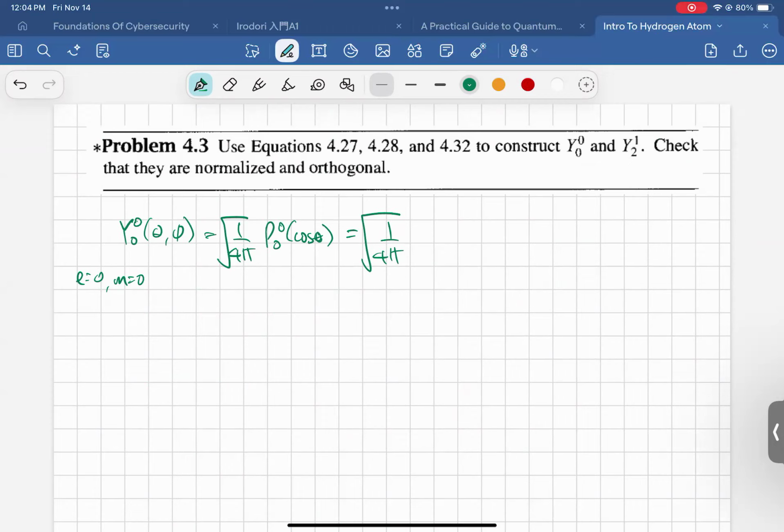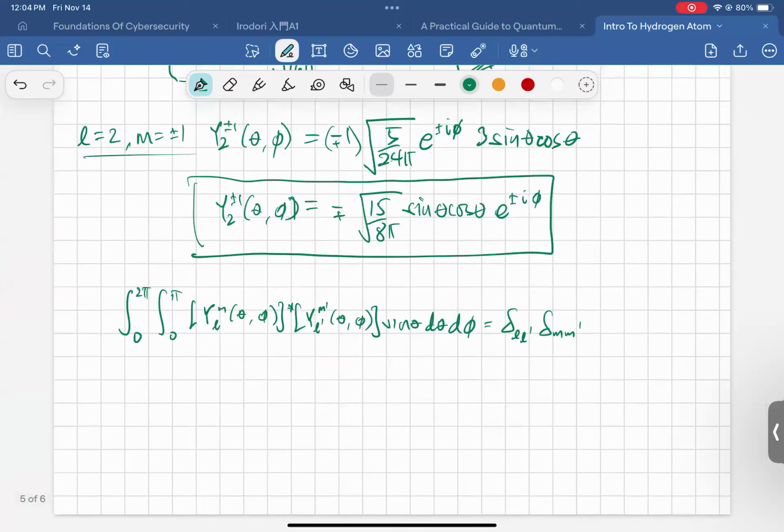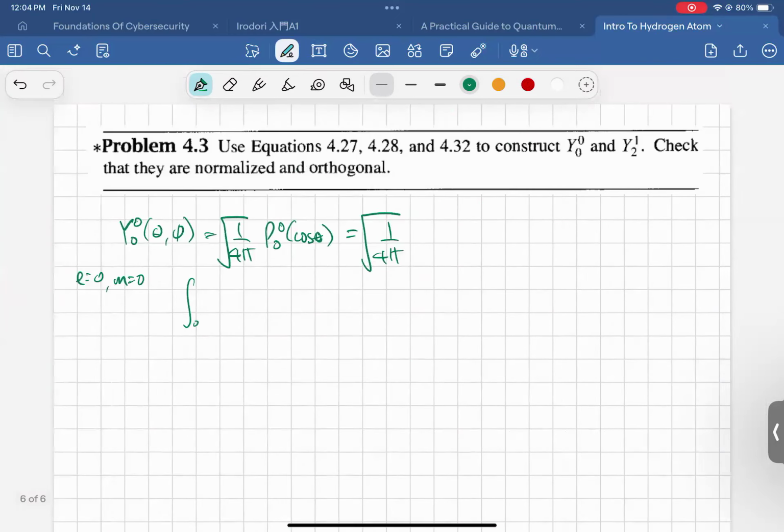Paano natin i-check kung normalized siya? Again, gamitin natin integral, from 0 to 2 pi, 0 to pi, ng square root ng 1 over 4 pi times square root ng 1 over 4 pi. Mawawala na yung square root, right? So pwede ko na siya ilabas, 1 over 4 pi.